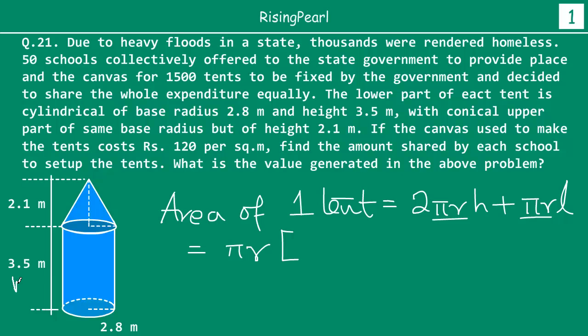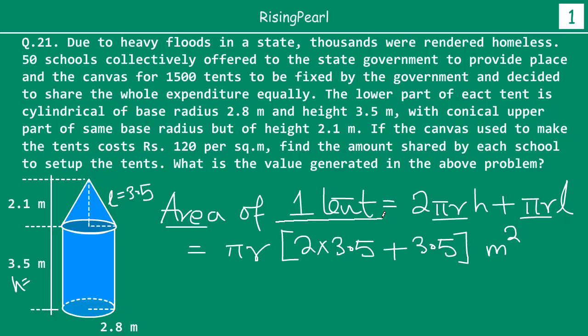So h is this, so 2 times 3.5 plus L is left over here, and L is equal to 3.5, which we just did, 3.5. So now this is going to be this much meter square is the area of 1 tent, right?